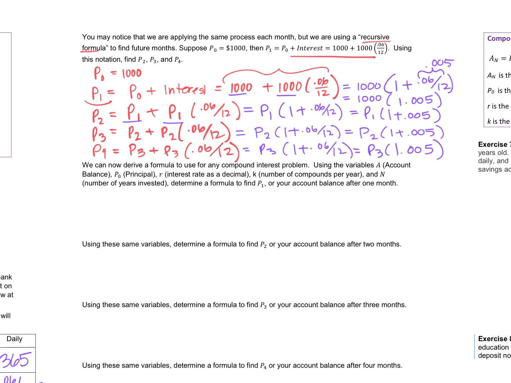So we're going to derive the formula for compound interest by noticing that these are really the same thing, just the previous one with that same 1.005.